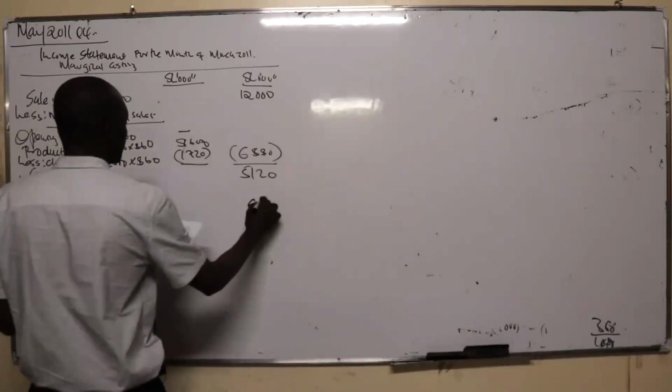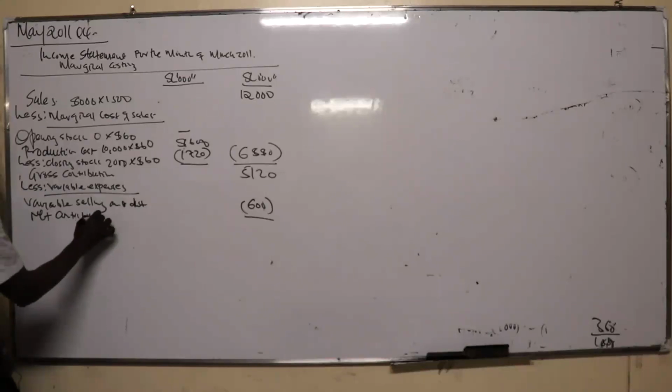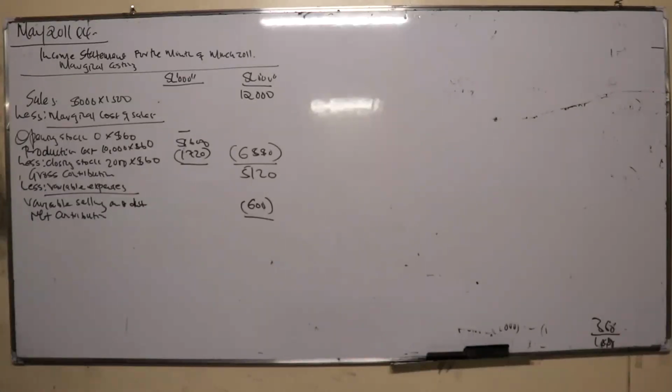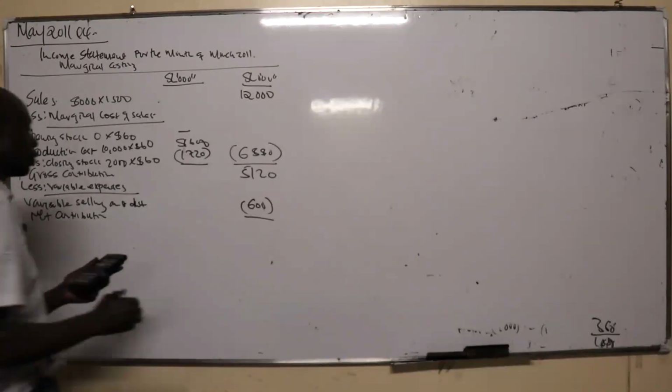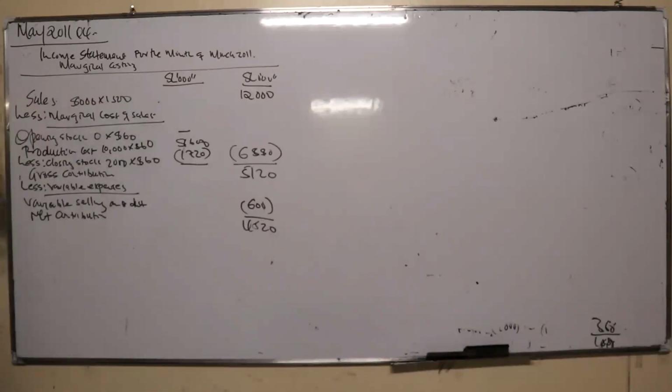So you less here 600. So you get the net contribution: 5,120 minus 600 gives you 4,520.